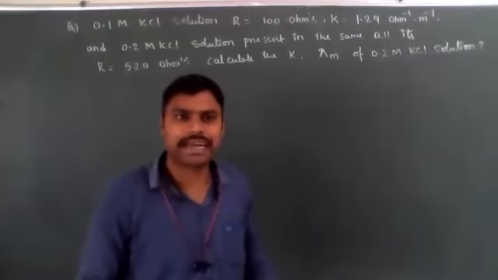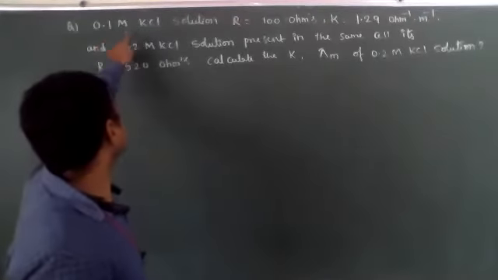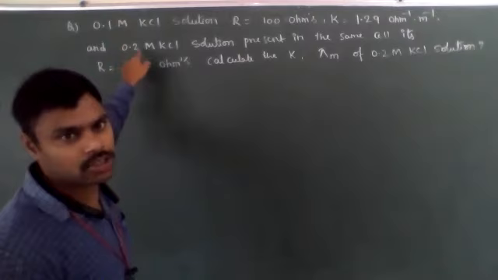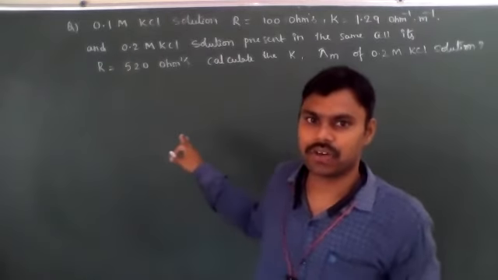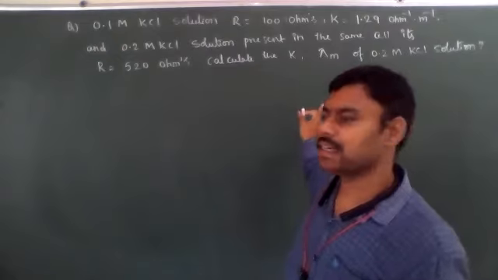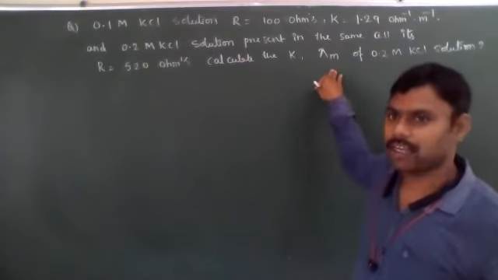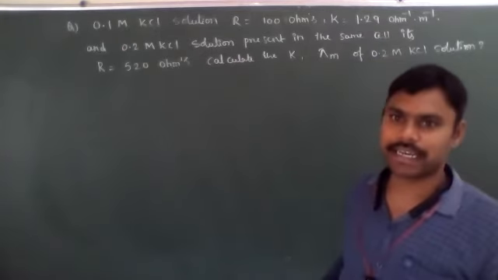In the same electrolytic cell, they are taking 0.2 molar KCl instead of 0.1 molar, and the resistance is different. So we need to find the K value and molar conductance value for 0.2 molar KCl solution.